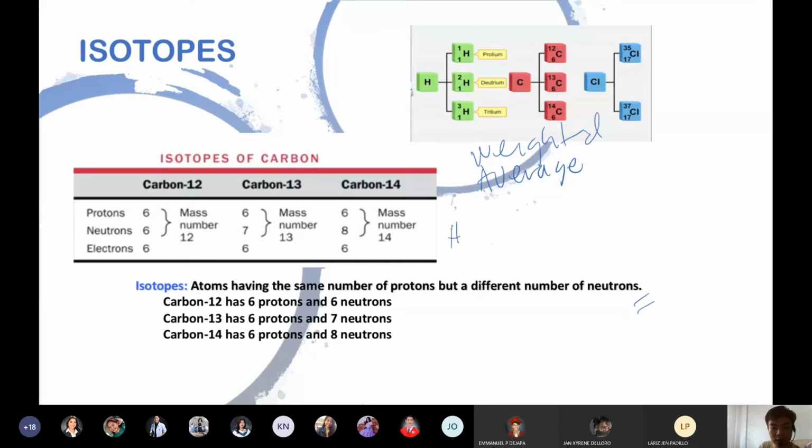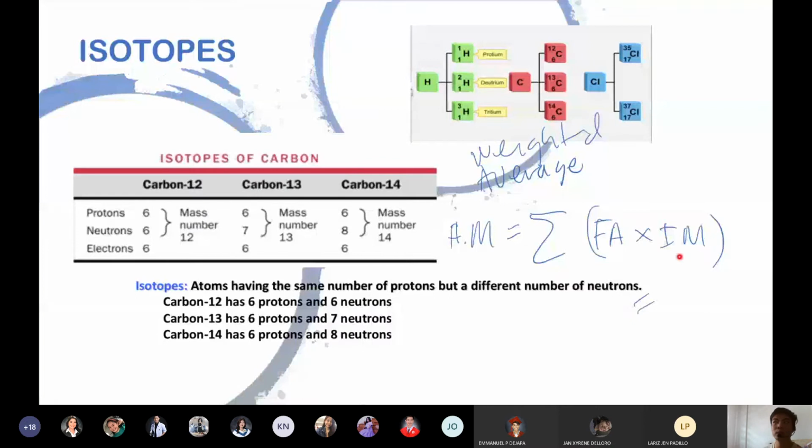So the weighted average mass, AM na lang, is the sum of the fractional abundance times the isotope masses. Each isotope has different fractional abundances, and they also have different isotope masses.